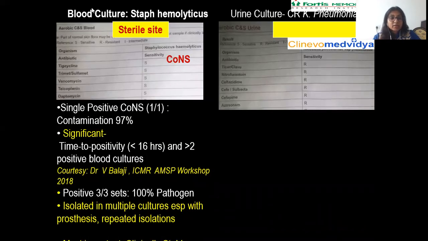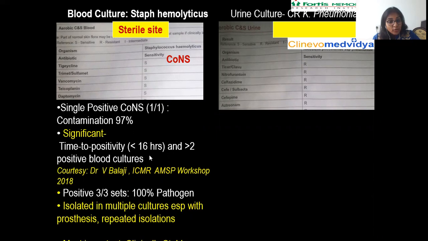Now, going back to our case, here the blood culture is a sterile site. However, this is a single blood culture which is positive for Staphylococcus hemolyticus. Remember, we have to always look beyond Staphylococcus, see whether it's aureus or it's not. So hemolyticus, epidermidis, etc. are our coagulase negative Staphylococcus, which usually colonize our skin, and a single blood culture is likely to be a contamination.